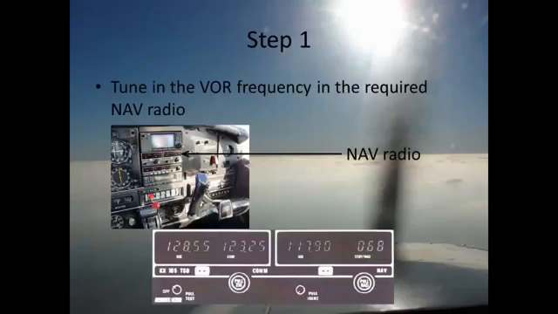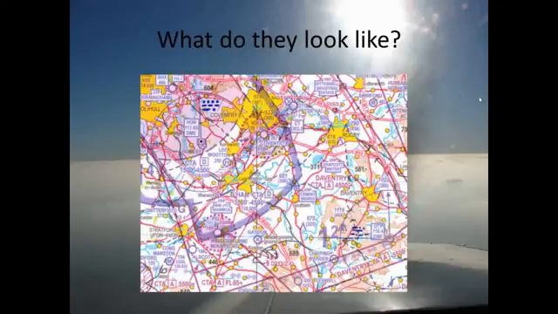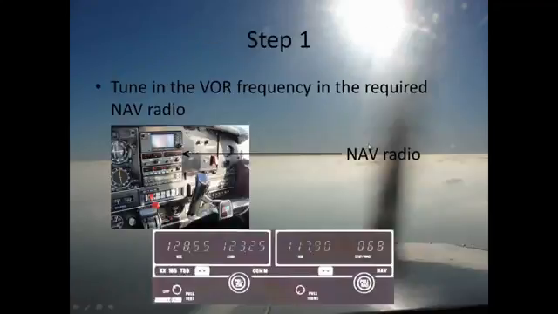Well, first of all, you need to tune the VOR frequency into the required nav radio. So if we go back to here, for example, if you wanted to tune into the Honley VOR, 113.65, we'd locate our nav radio, which looks very similar to this in most training aircraft. This is a close-up of this section here.